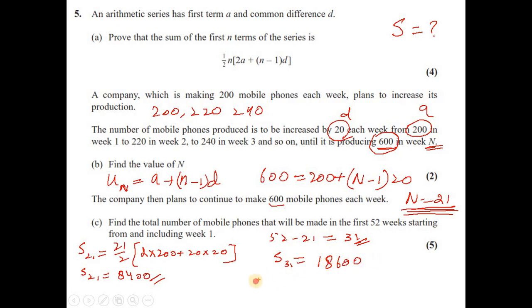So the total phones S would be equal to 8400 plus 18,600. That means 27,000 for the whole 52 weeks.